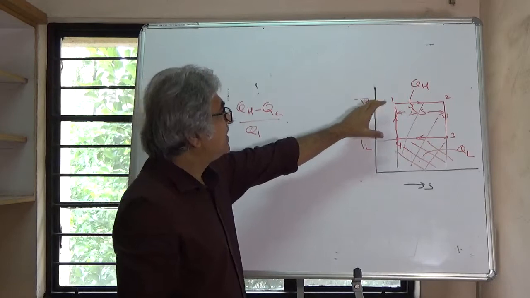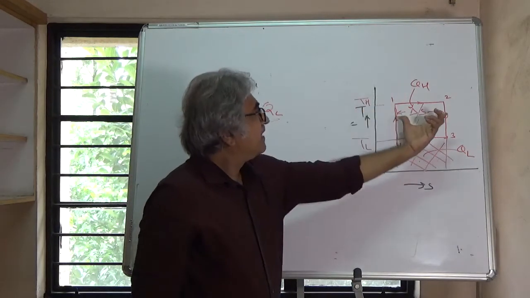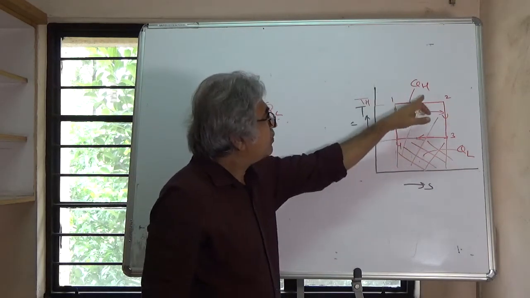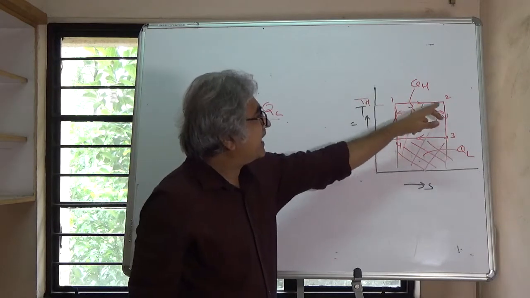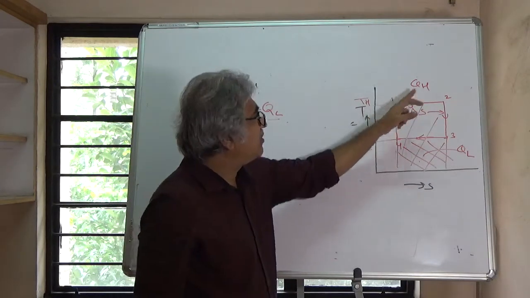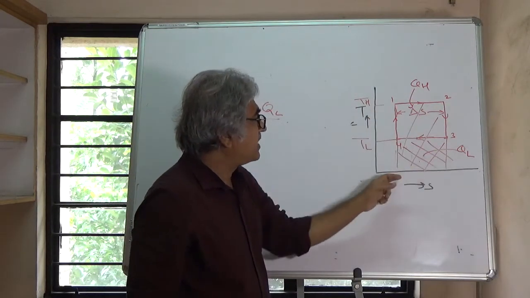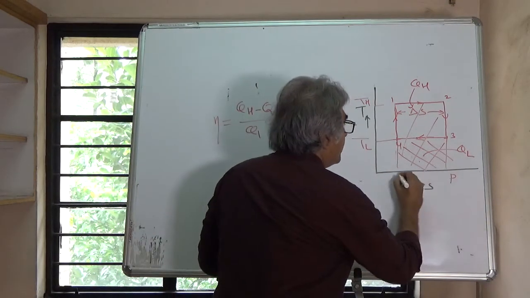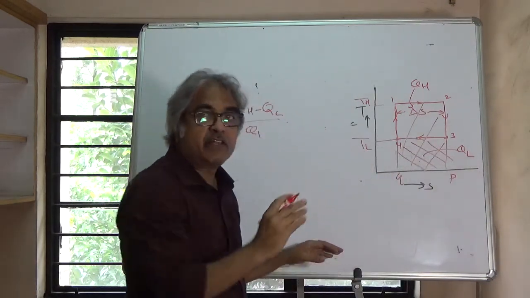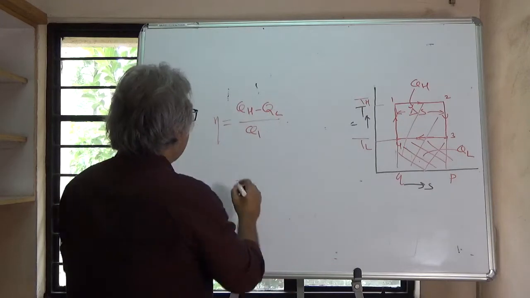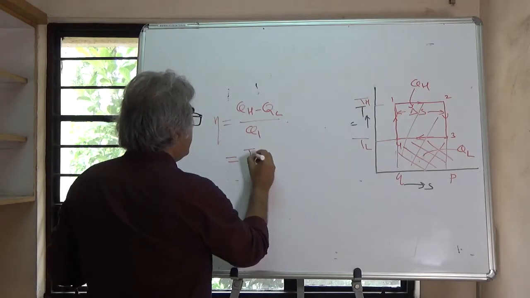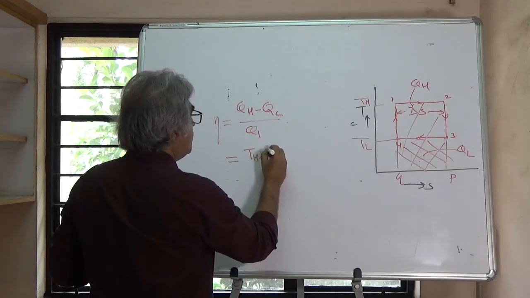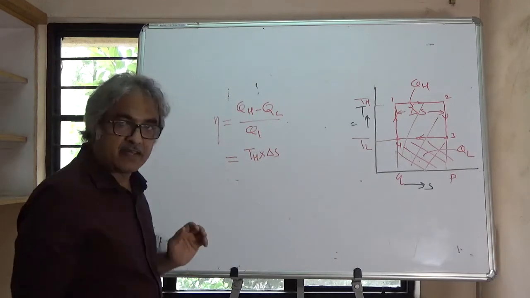So TH is the temperature, delta S is the entropy change. The total area of this rectangle, 1, 2, P, Q, will be the total heat supply. So QH is TH into delta S, right?